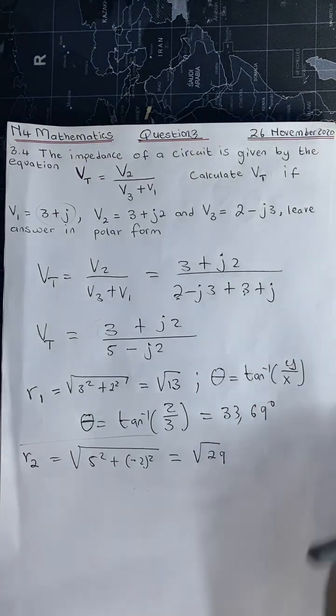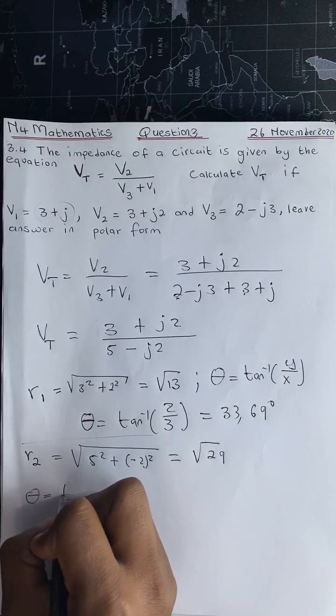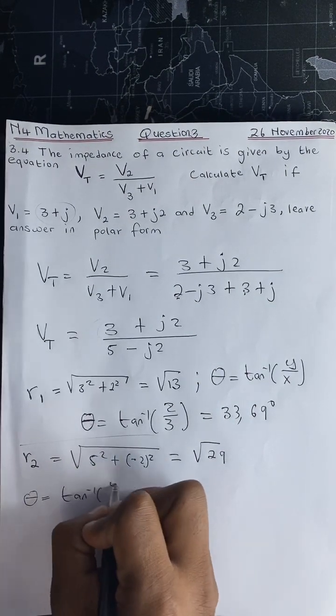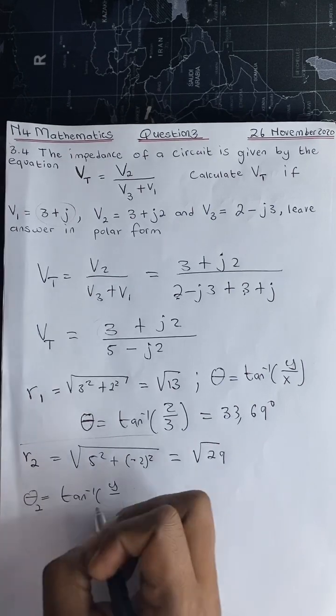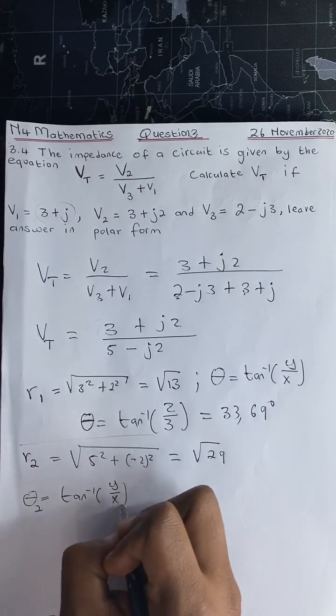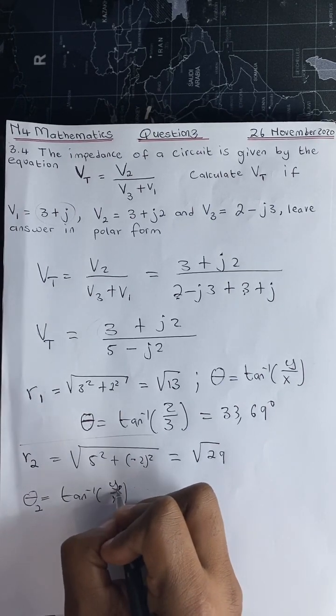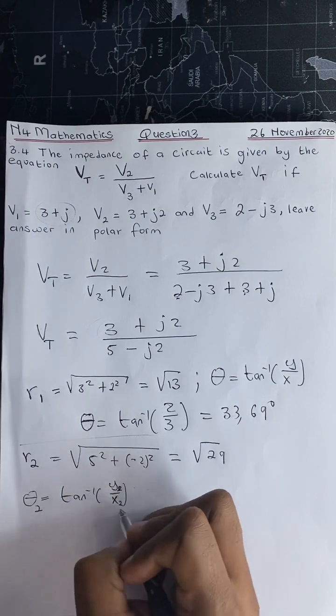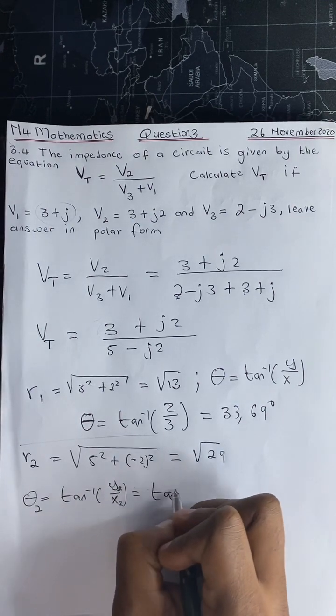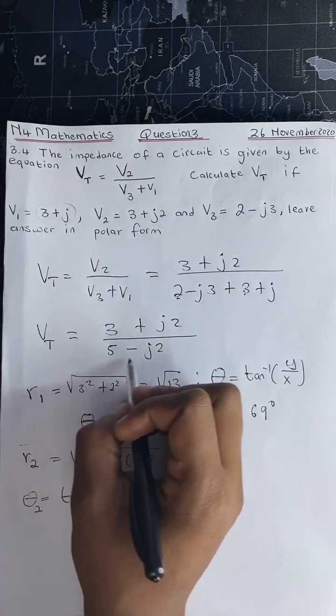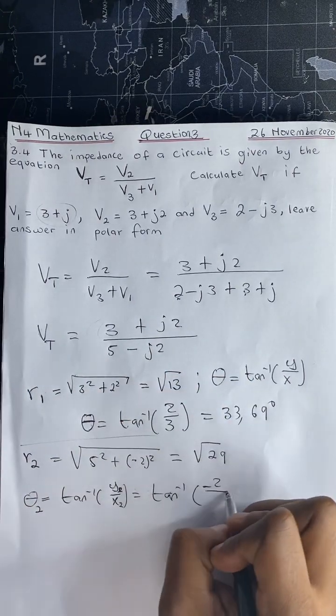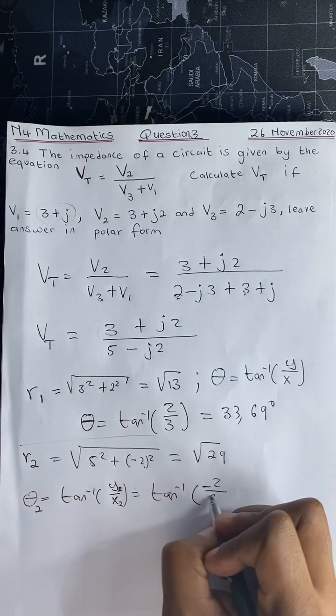So for theta, we can call it theta 2, arctan of y2 over x2. So the y is equal to negative 2 and the x is equal to 5.